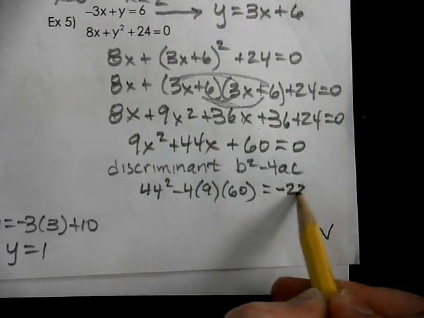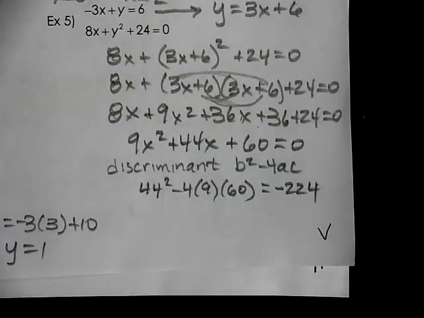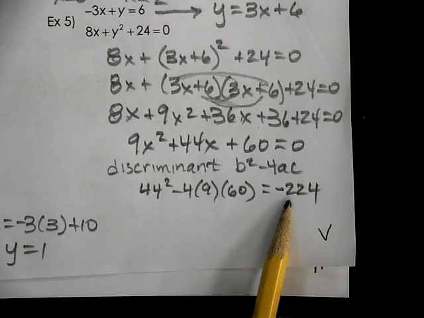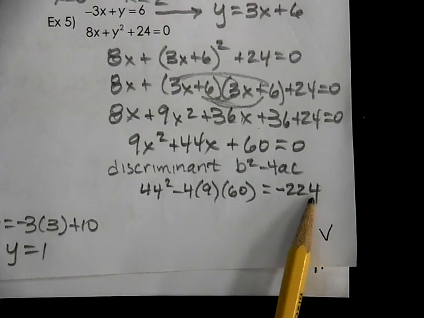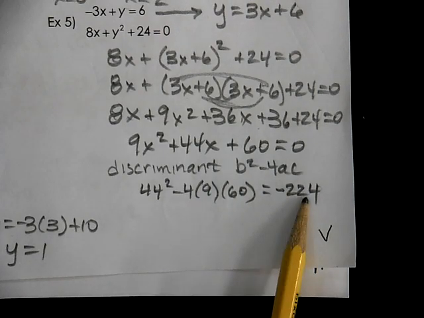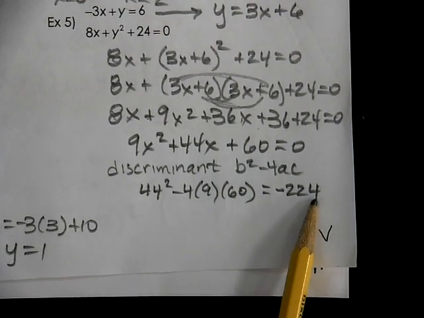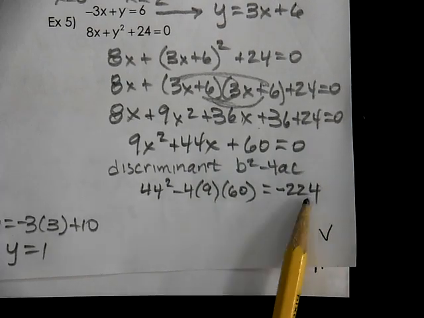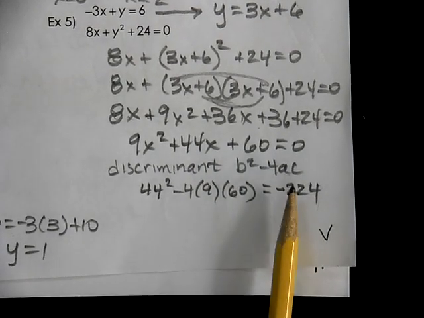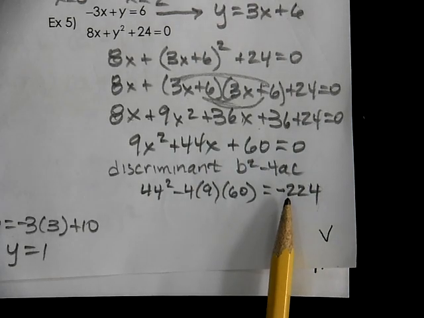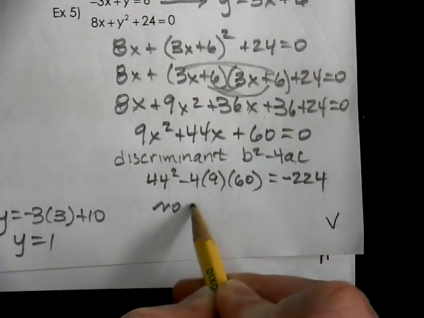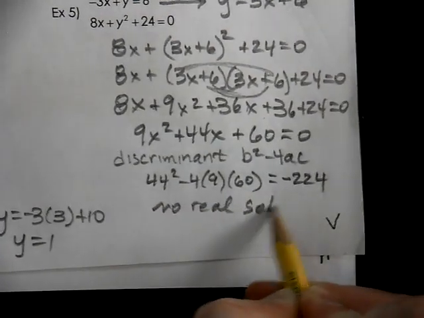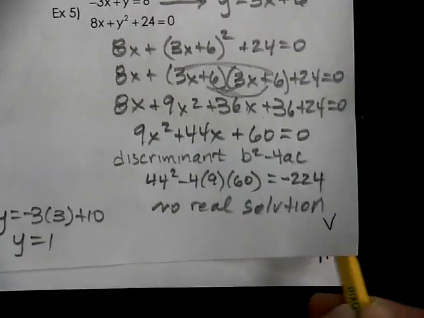That gives us negative 224. If that was a perfect square, if that was the number 400, or 144, or 121, or 81, whatever, if it's a perfect square, then we know it's factorable. This is not a perfect square. It's not factorable. This is negative. So this is actually going to be no real solution.